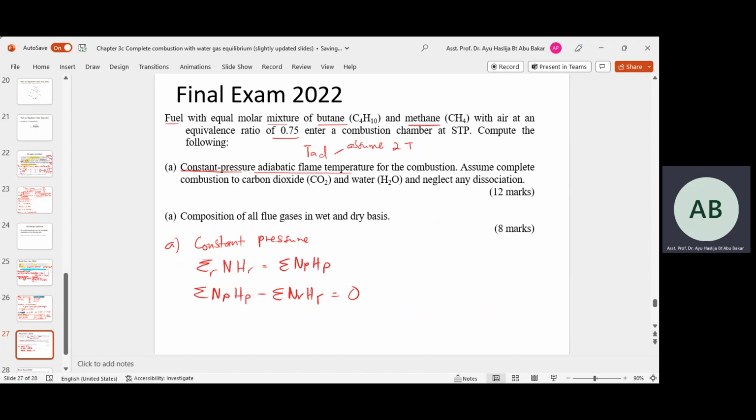So you need to find the info from the properties table for each of the components. Fuel, we have butane and methane.